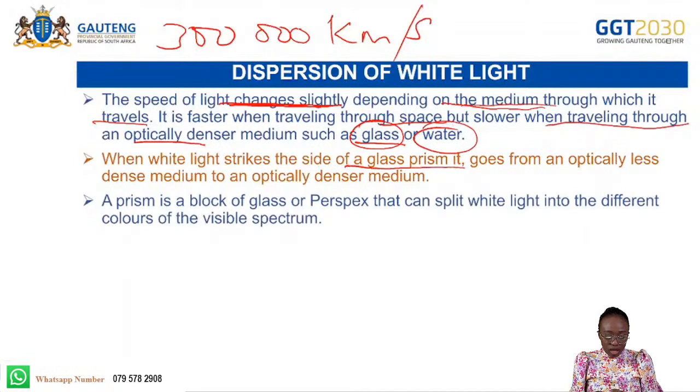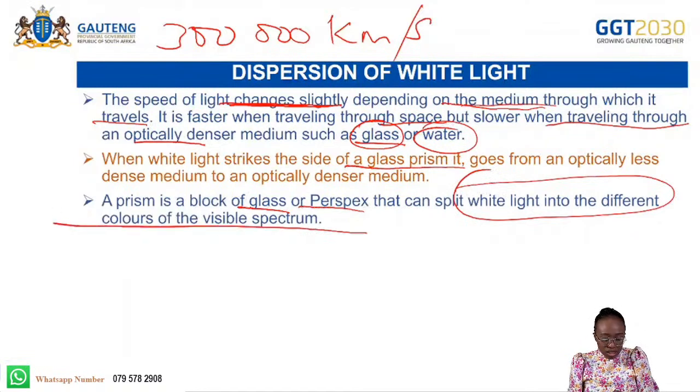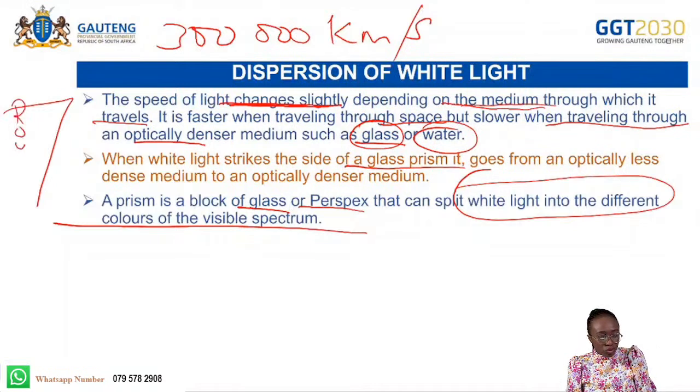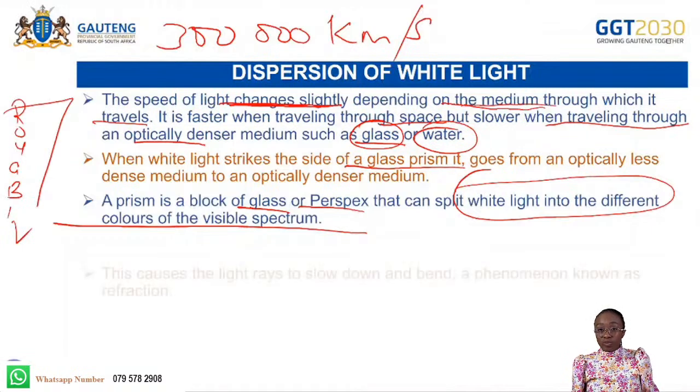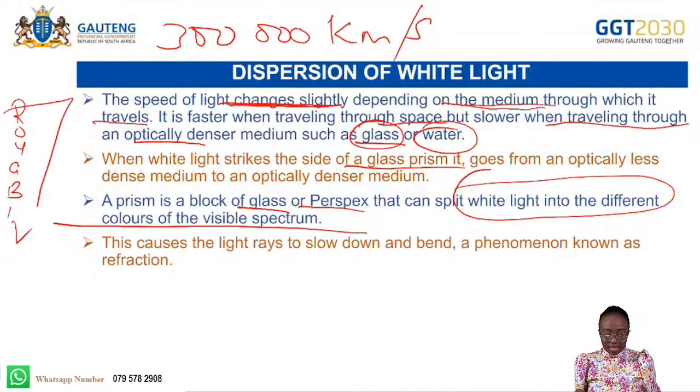Let's find out. A prism is a block that is made from either glass or perspex, and it is capable of splitting white light into the different colors of the visible spectrum, the 7, the ROY G. BIV. It is capable of splitting because it is a denser medium, which causes light rays to slow down.